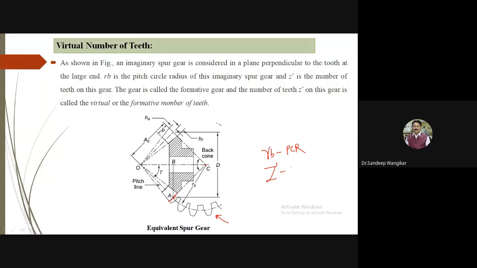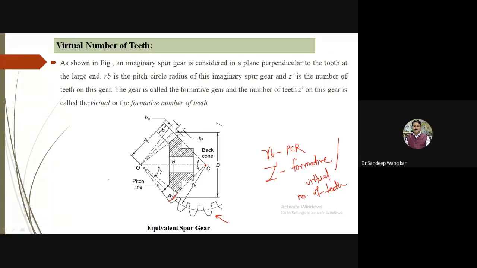So this is the formative gear, and whatever Z dash is, we call it the formative or virtual number of teeth. These are the teeth on the imaginary spur gear, which is imagined at the larger end, and RB is the pitch circle radius at the larger end.